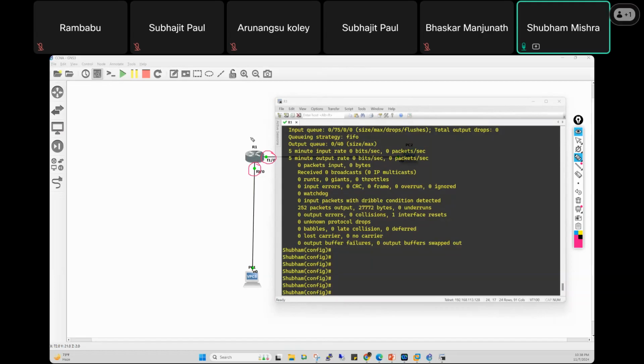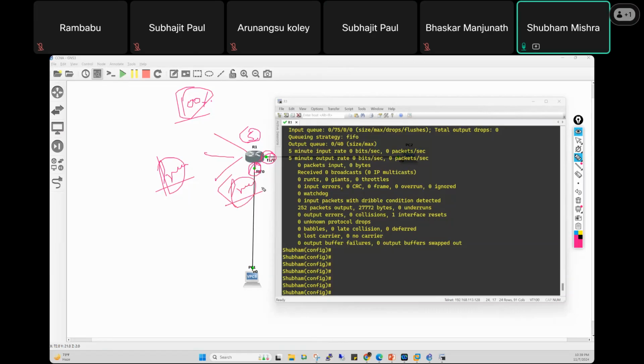For example, on this router there are 5 interfaces. There is a 100% possibility that some interface will be free. Maybe 3 interfaces engaged and 2 interfaces free.